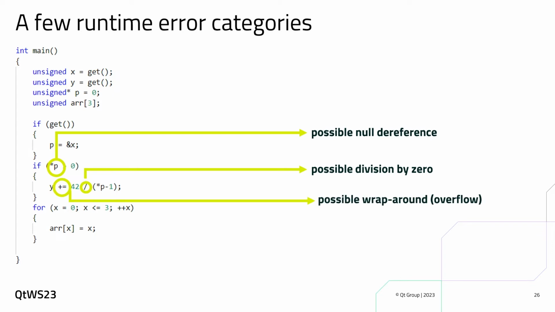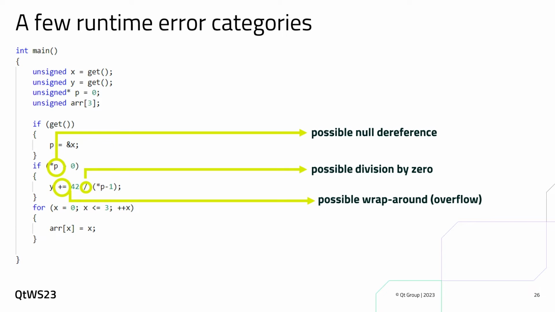And there are other things like wraparounds. A wraparound with unsigned in C is not undefined behavior, but sometimes it's unexpected. Sometimes you also want to know that there is a wraparound here, so that you actually have a larger number, and then it's computed modulo, for example, 2 to the 32 in this case.